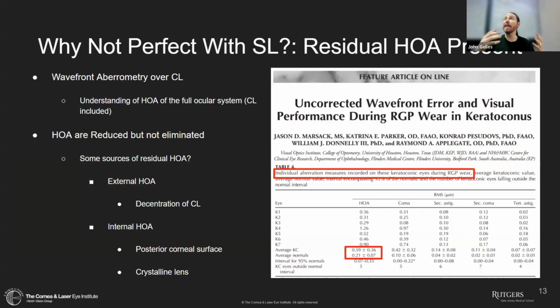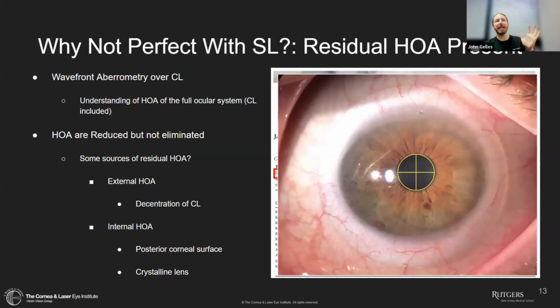Now, why don't we get perfect optics when we use a scleral lens, right? We're masking the irregular cornea. Shouldn't that correct all the optics? Well, when we use rigid gas permeable lenses or scleral lenses, anything that's rigid, we're masking the anterior cornea, but we're keeping internal aberrations.